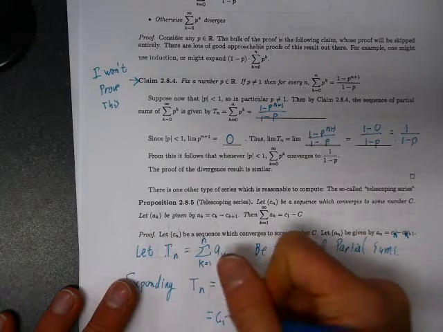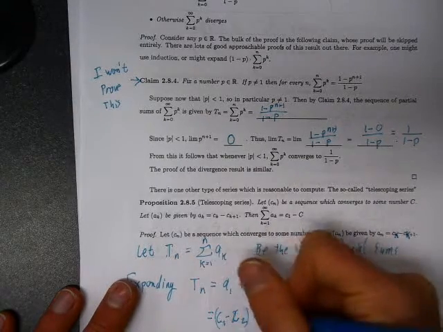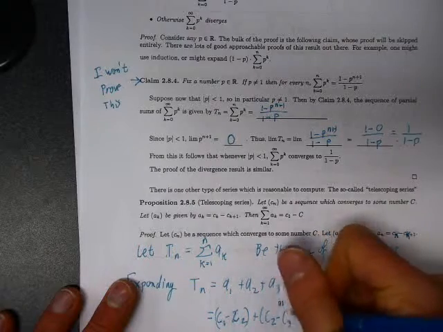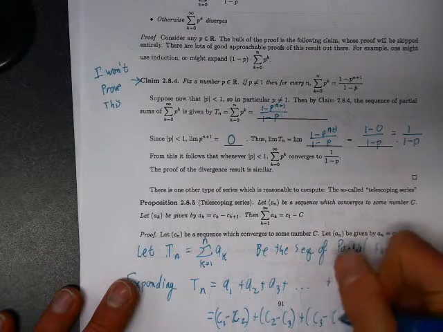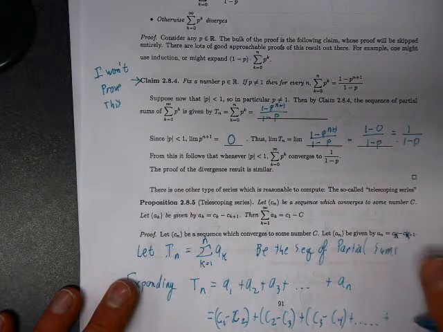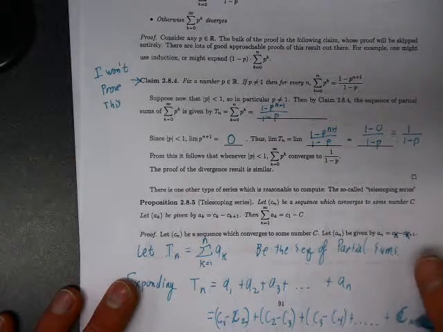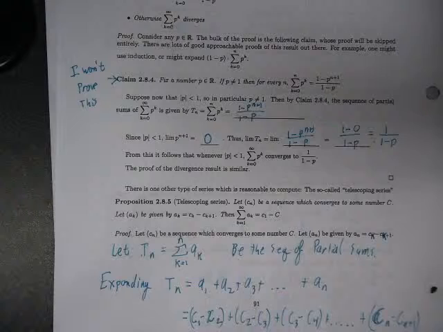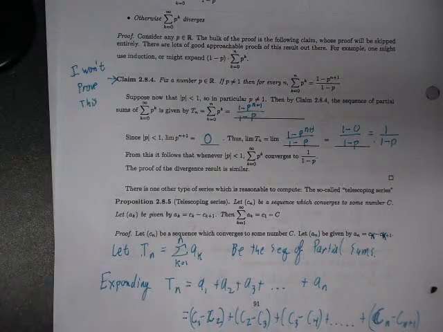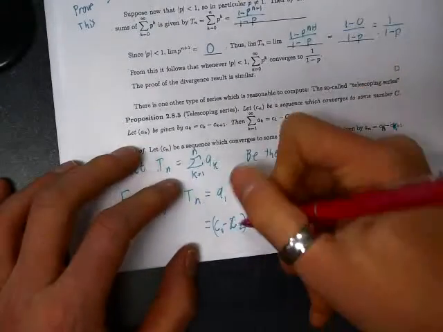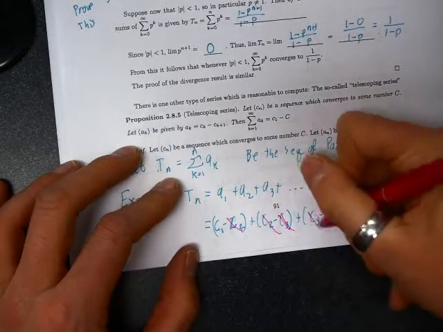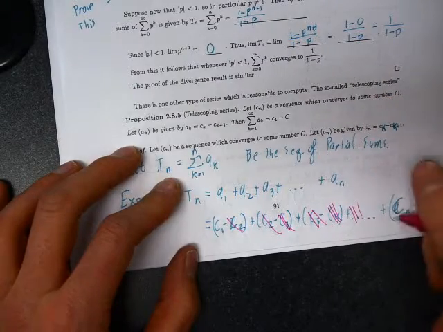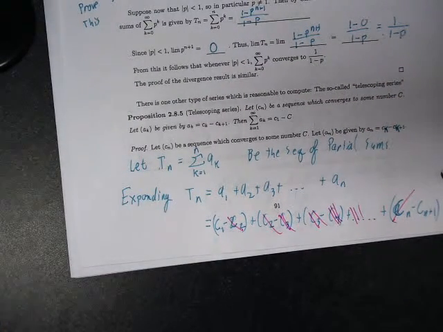So this will be c_1 minus c_2 plus c_2 minus c_3 plus c_3 minus c_4 plus dot dot dot plus c_n minus c_{n+1}. Do you notice anything that's going to cancel in that expression? Everything except the very first term and the very last thing? And it'll keep on going. The c_n will cancel with the term immediately before that's not being listed.